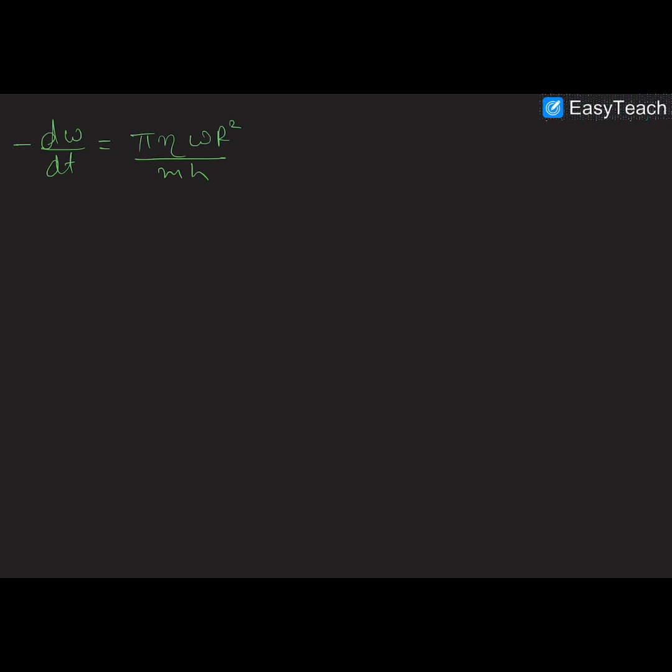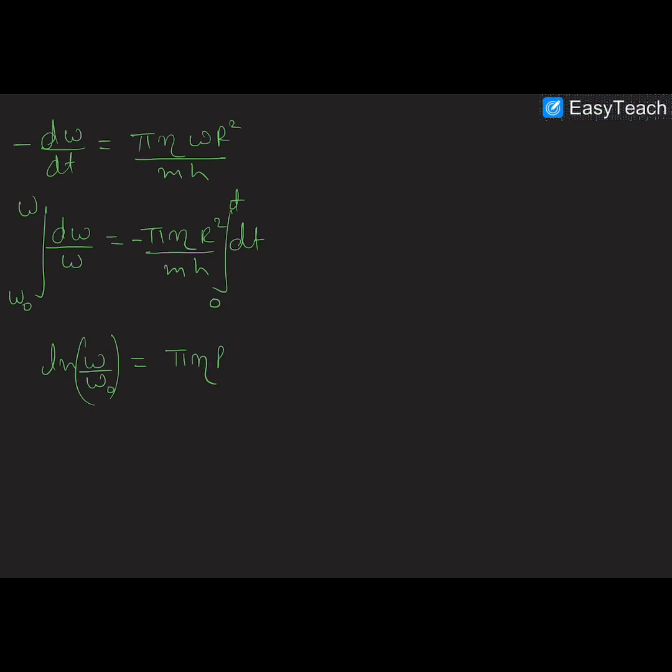In this case, d omega by omega will be equal to minus pi eta r square by mh into dt. The limit of omega will be from omega naught to omega, and the limit of time from 0 to t. So ln of omega by omega naught is equal to minus pi eta r square t by mh.